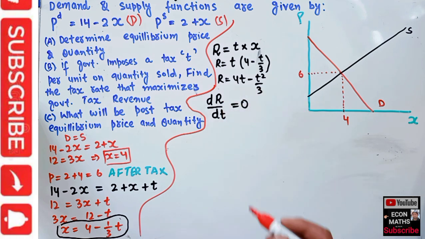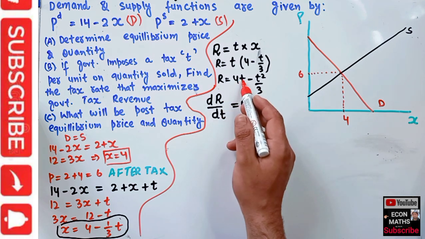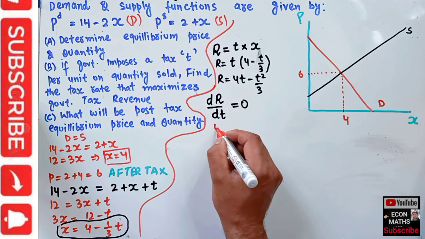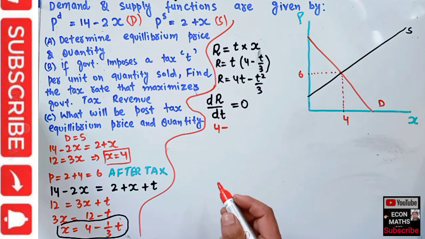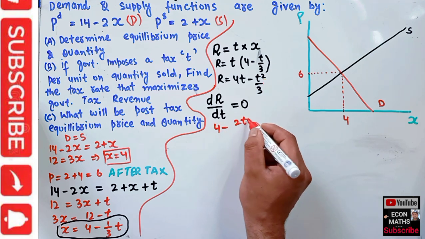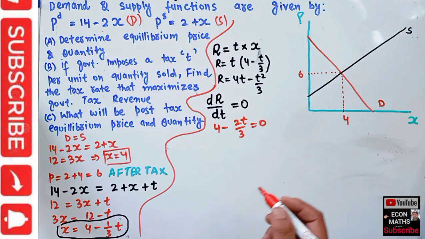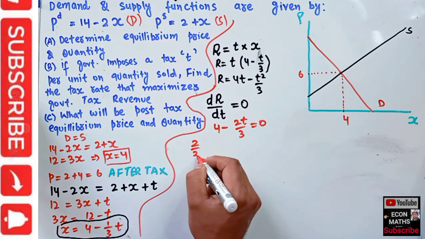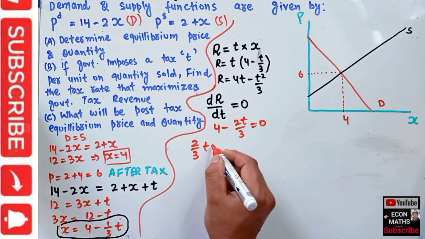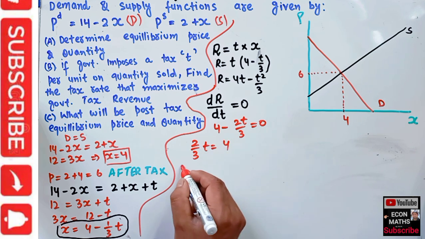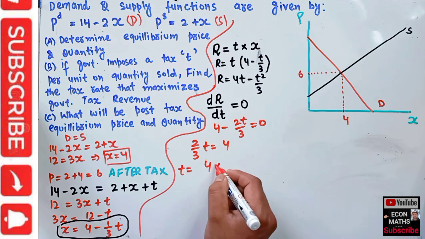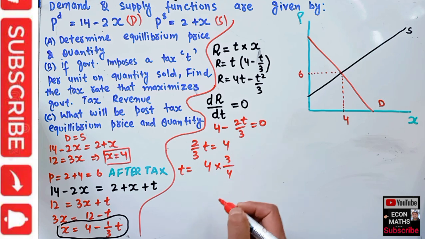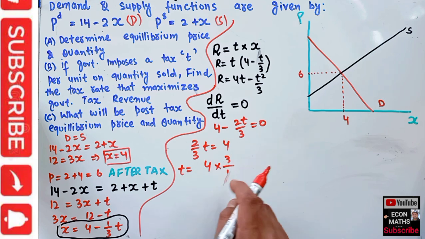So let's take the derivative with respect to t. The derivative of 4t is 4, and the derivative of t square is 2t, so we have 4 minus 2t upon 3 equal to 0. Solving for t, 2 upon 3 t will be equal to 4, which implies t is equal to 4 times 3 upon 2.